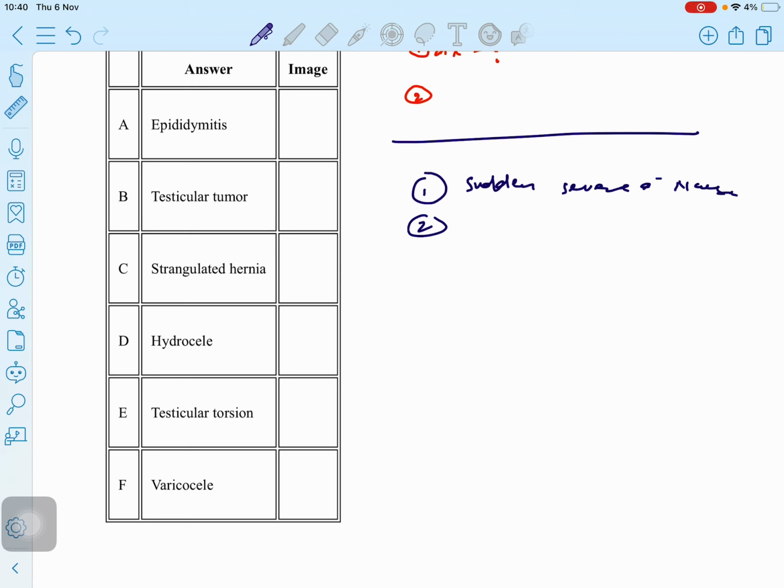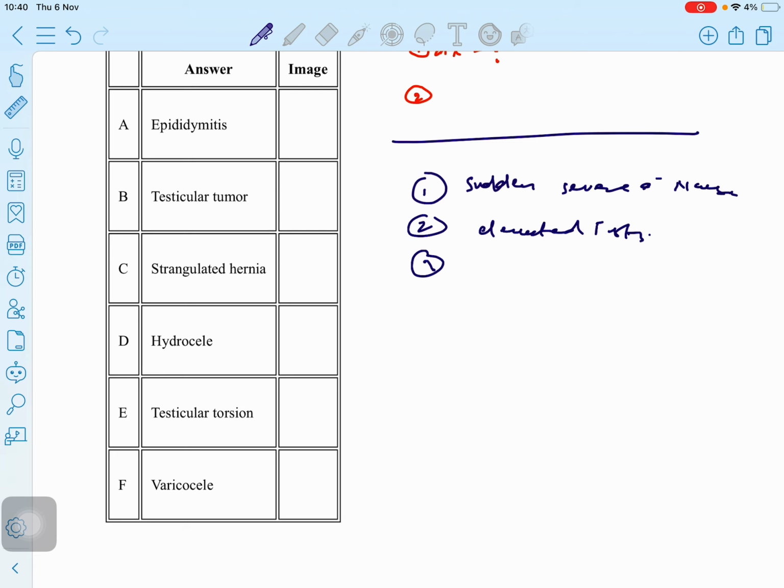So in this we will see that the testis is elevated. Number 3, when we lift the testis upward, the pain intensity will increase. And in which condition will the pain intensity decrease? Anyone knows about this?